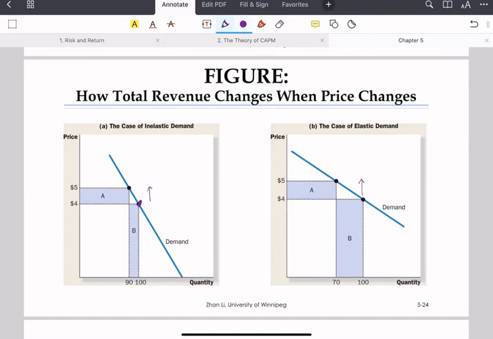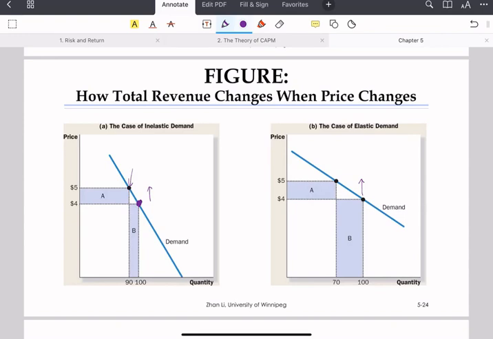So you can see that the initial point would be this, and the point will end at here, right? So as we change price, you can see that in the left hand side, the quantity decreases from 100 to 90. And on the right hand side, for the same change of price, the quantity decreases from 100 to 70.